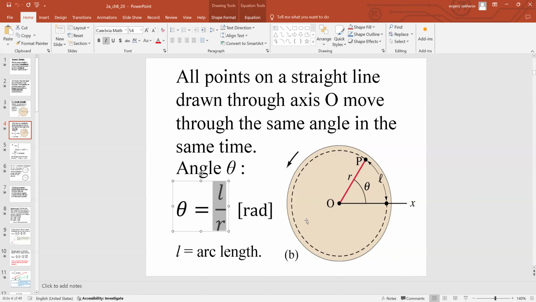So radian is the angle that is defined as the arc length with respect to the radius for that particular rotating object.